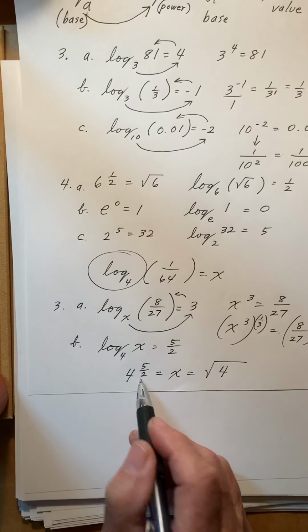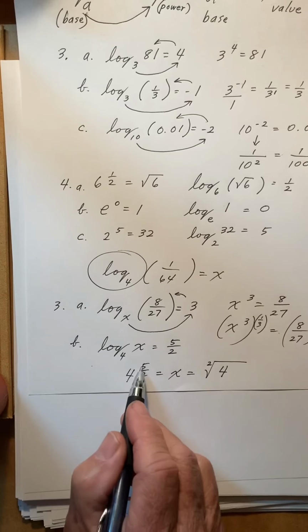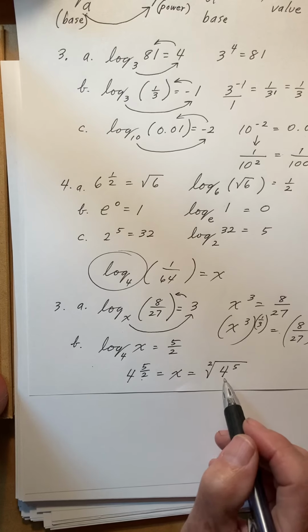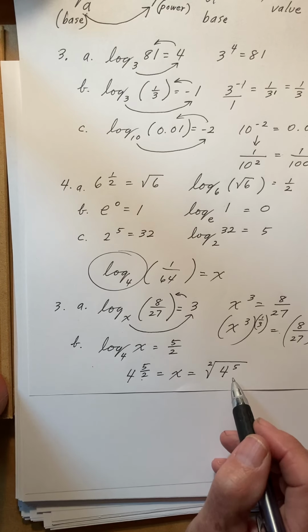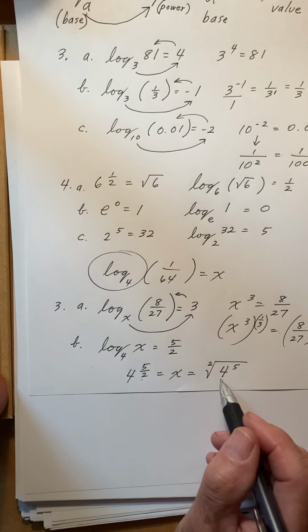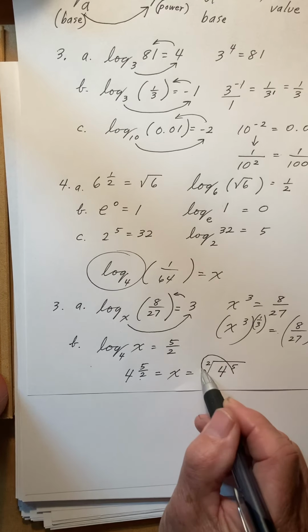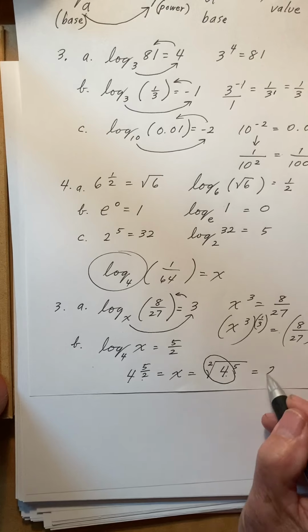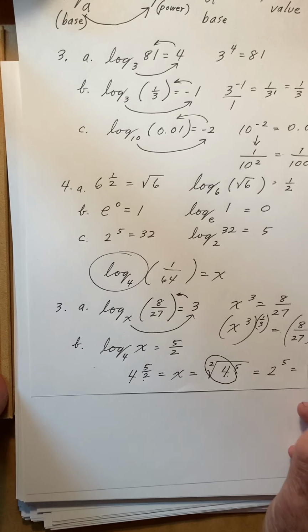The index is 2, that goes outside, and the power on the base is 5. Now 4 to the 5th power is going to be a very large number, so instead of doing that, we'll first take the square root of 4. Square root of 4 is 2, so that becomes 2 to the 5th, and that becomes 32.